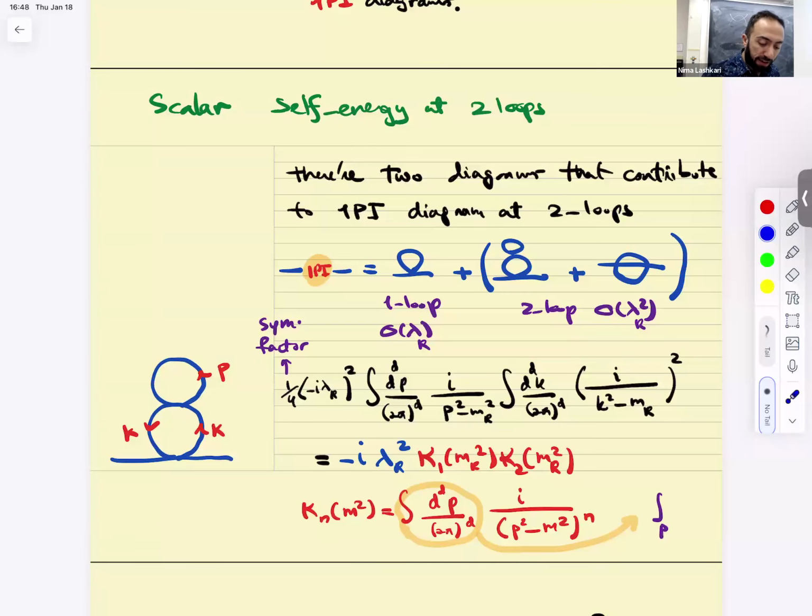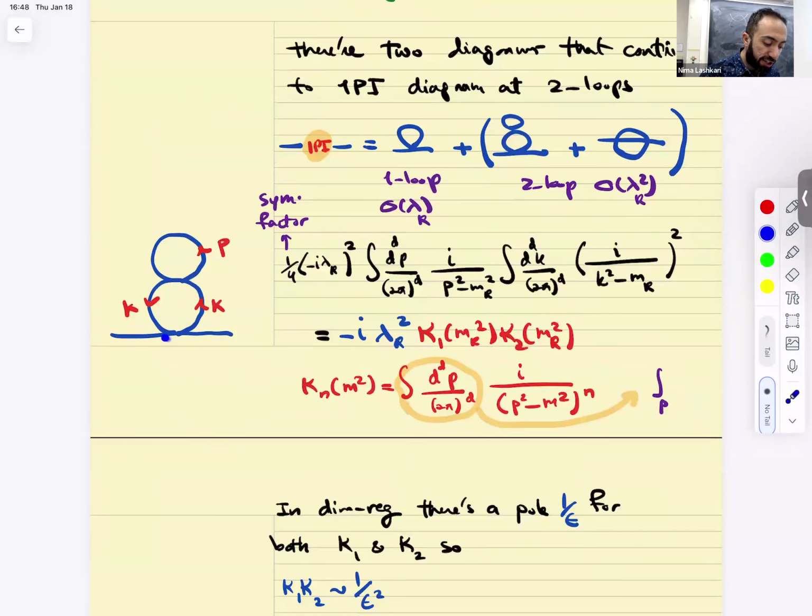All right, so let's pick the first one, the two bubbles. Let's forget about the external legs and work with the amputated diagram. So K comes in, P goes this way, and this is K. What does the diagram look like?